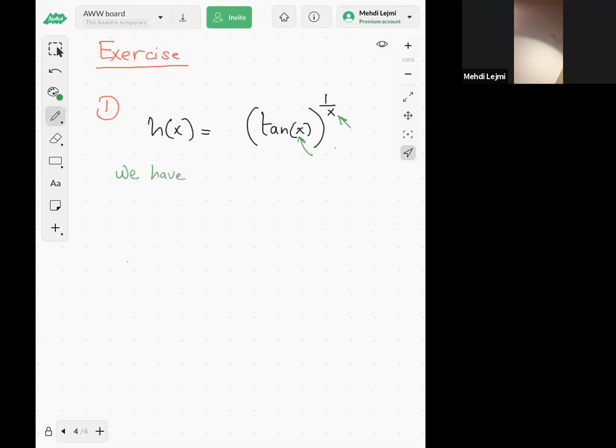So x is in the exponent and in the base. Okay, so then we have to apply the Allen trick. Okay, so then step one, log trick.